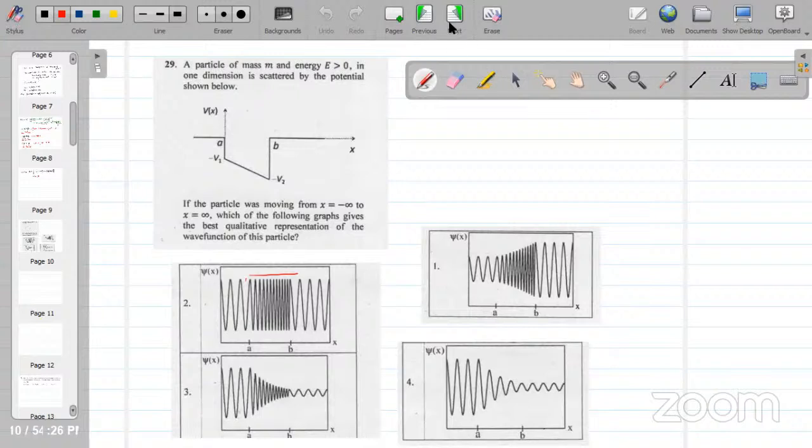So frequency increases. So how is it related to the probability amplitude? I think they have given the wave function. So the wavelength of the wave function will decrease as we move from left to right. Okay.